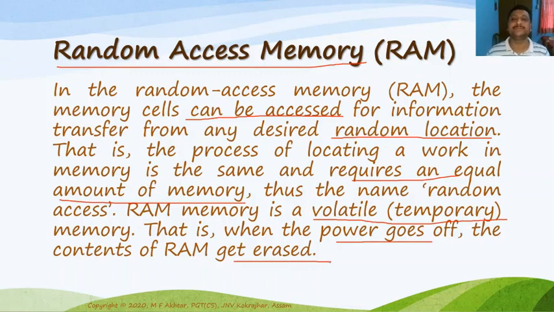RAM is temporary memory. So RAM is needed for rough work, and while the computer is on and working, RAM is known as the active memory, and all the work we are doing is stored in the RAM.